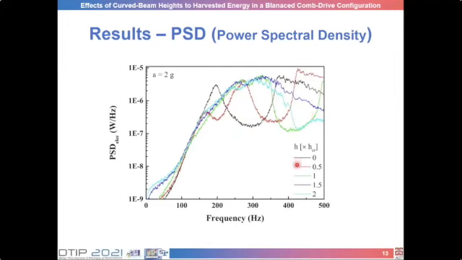As the beam height increases, we can see the resonant peak increases because of the strengthening of the spring, and also we can see the broadening of the peak due to the nonlinearity of the spring.